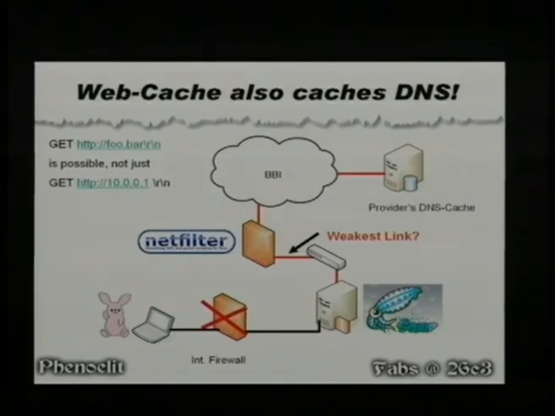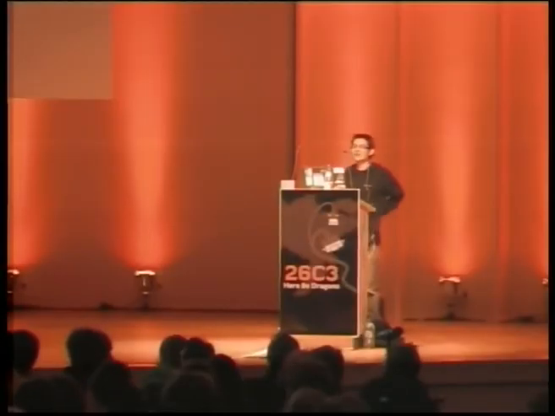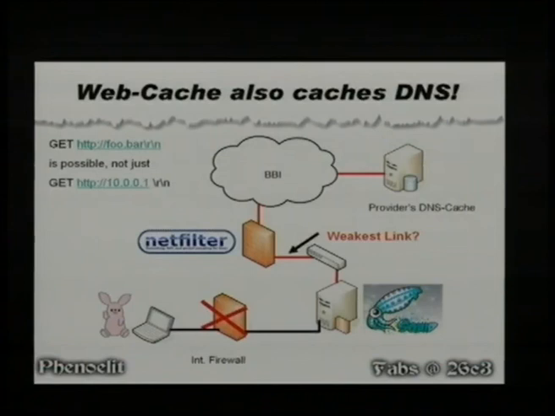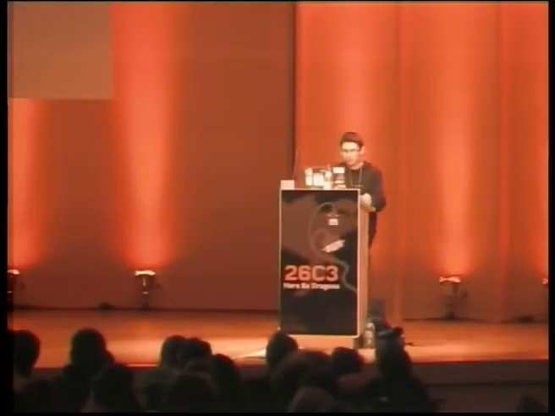Okay, poisoning the cache. The interesting thing about the Squid web cache is that it's actually not just a web cache, it's also a DNS cache. This gets obvious because you can actually tell it to get foo.bar and not just to get some IP address. So it caches DNS for a max of 24 hours, so that's enough for us to want to attack it.